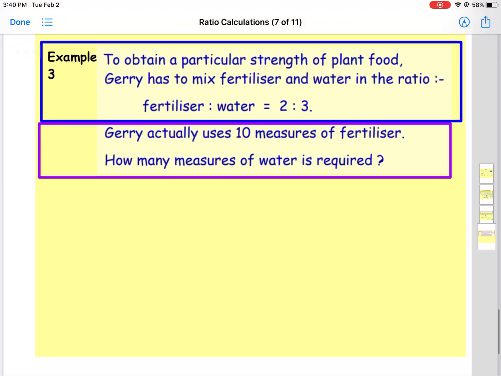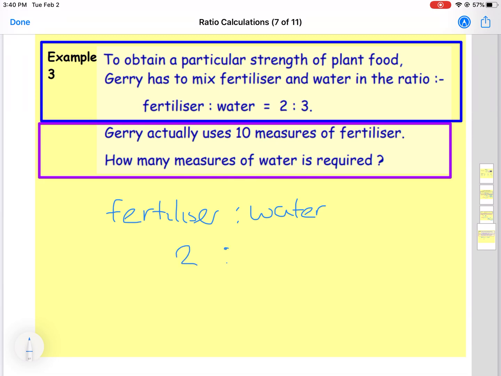So we have got a particular strength of plant food. We have to mix fertiliser and water in the ratio fertiliser to water 2 to 3. So again, our process. We have fertiliser to water was our ratio. That was 2 to 3. So fertiliser's first, water second.